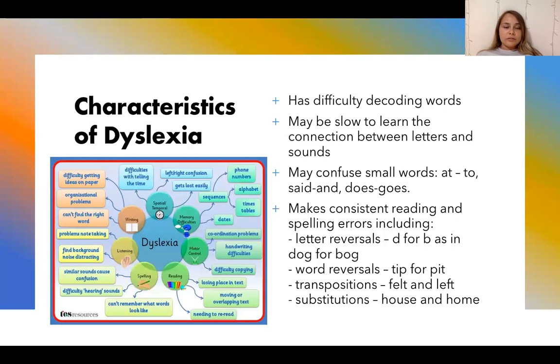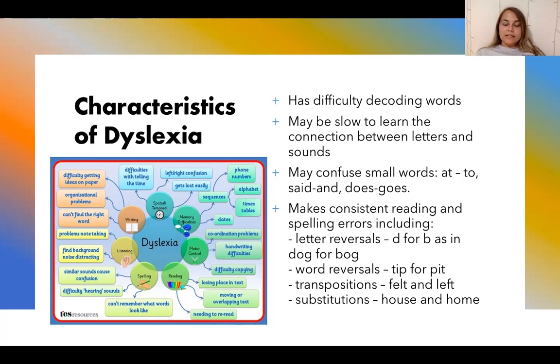So, characteristics of dyslexia, there are many. One that's really big would be having difficulty decoding words, focusing a lot on what this word is, how it sounds out, what the letter to sound combinations are. Having difficulty in that is a really big characteristic.